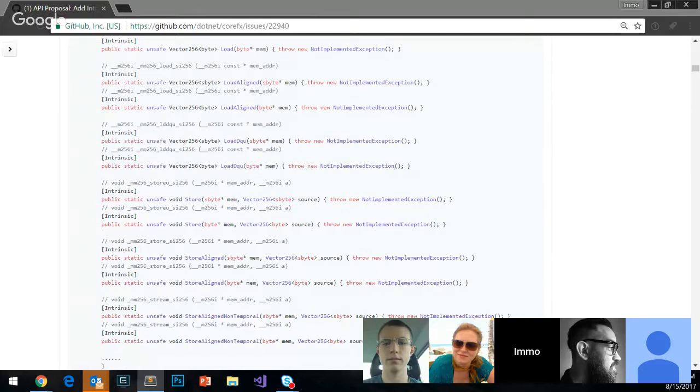Can I just reinterpret cast span of byte to vector of byte? Yeah, probably, assuming that the length of the span is the right length. I know I can. Geez, I wrote this code so long ago, and my memory is horrible.